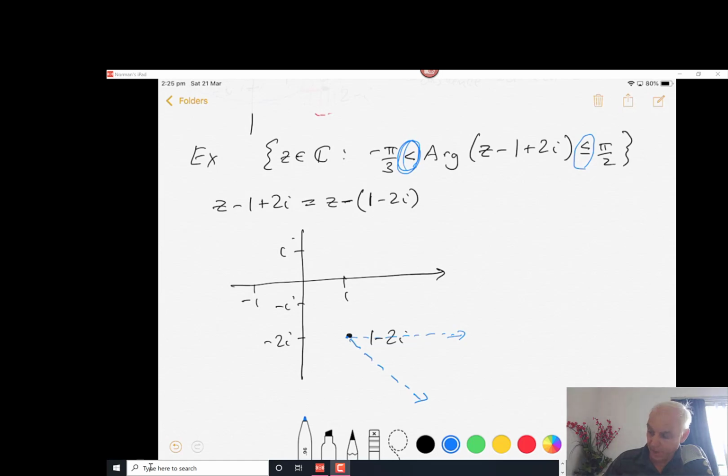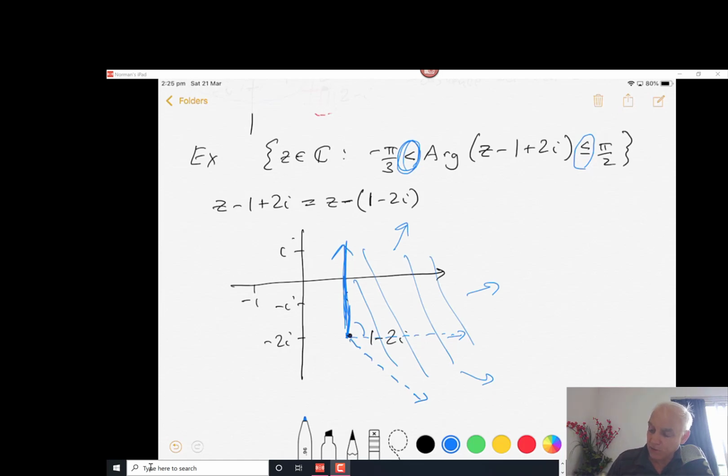Okay, and the other range is less than or equal to pi by 2. That means that angle there can go up to and including pi by 2. So it's going to be solid there. Okay, and so we're talking about all the z's which are in this range, in this big wedge, an unbounded wedge that keeps on going as you go up and to the right and down in these directions. Okay, that's the range of all points.